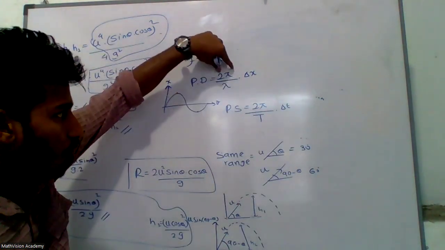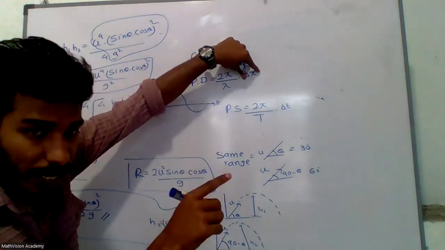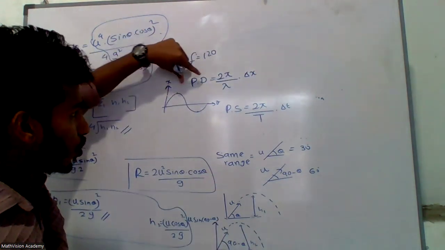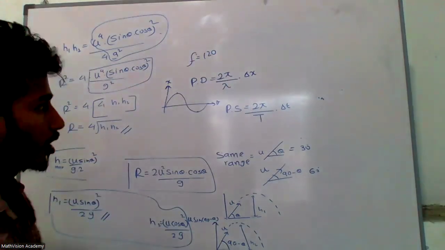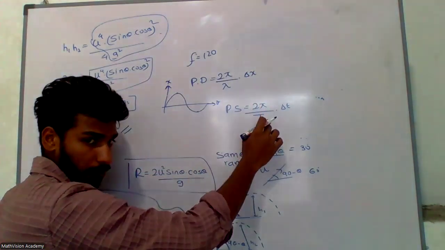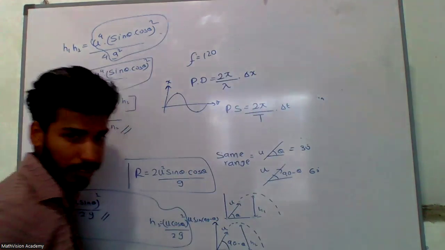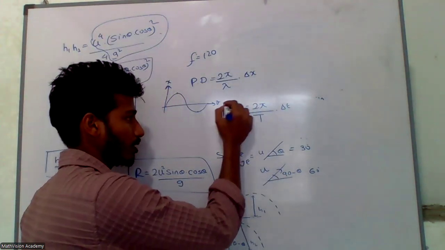So 2 pi over lambda into the difference in length is your phase difference. Phase shift is 2 pi over periodic time into the time difference. Okay. So just remember these two key equations.